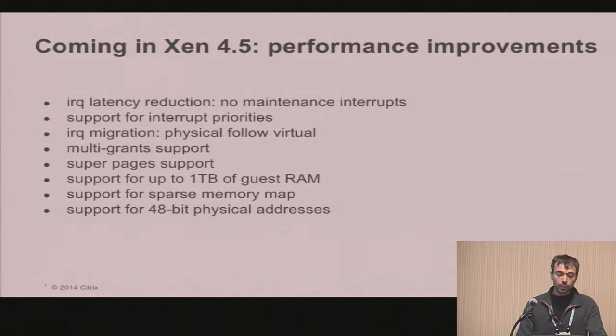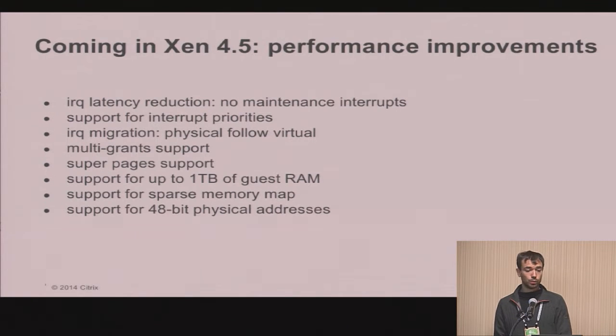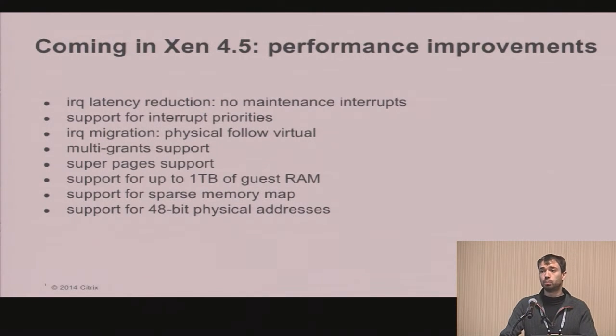Another really important performance improvement that was worked on by Ian Campbell is superpage support. So now you can have 2 megabyte pages in the guest P2M that really speed up the guest access to memory. We do now support up to 1 terabyte of guest RAM, and we do support sparse memory maps.